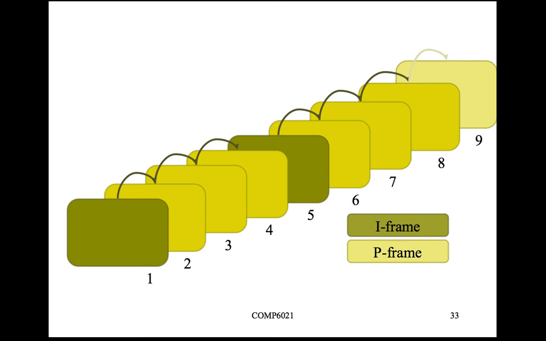So take this part of frame 7, this part of frame 7, this part of frame 7. They're all the same in frame 8. And now here's the rest of the information you need to make frame 8. And similarly, frame 9 is made by recycling parts of frame 8.